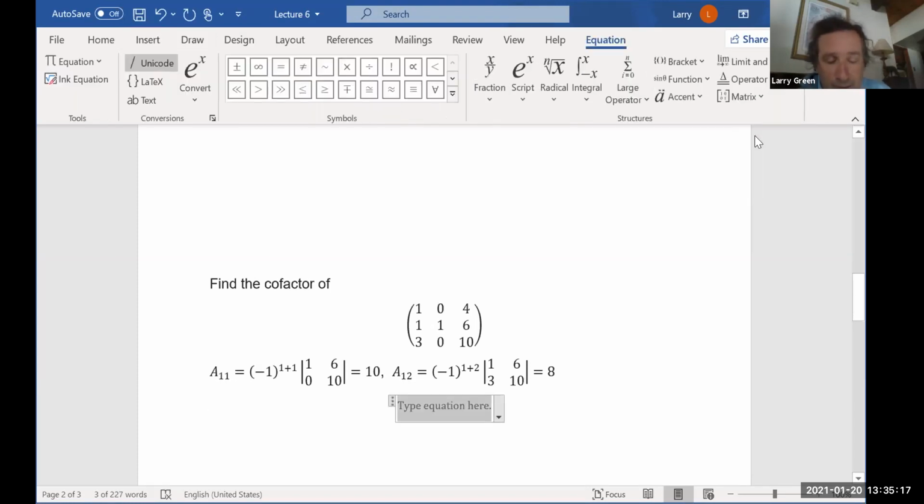There we go. So we got A13 was equal to negative 3. We had A32 was negative 2. And A21 was 3.